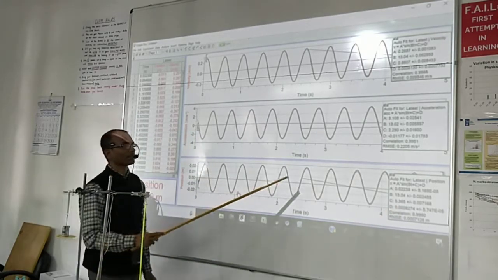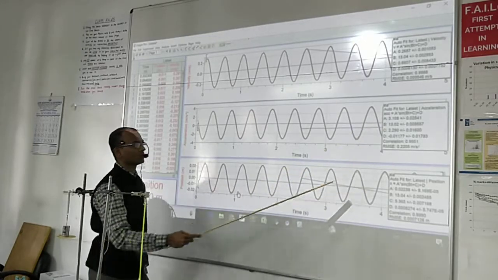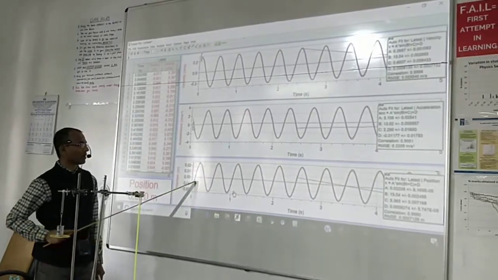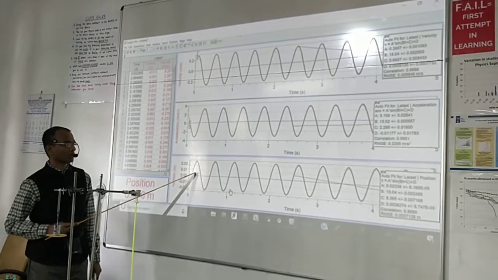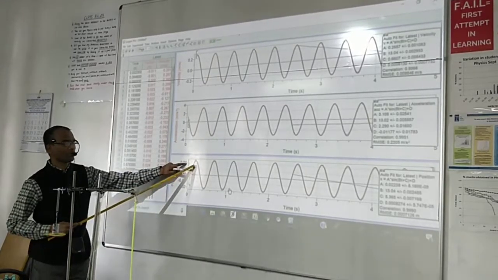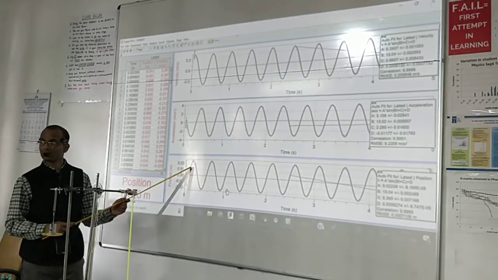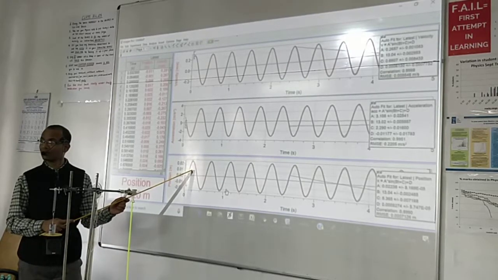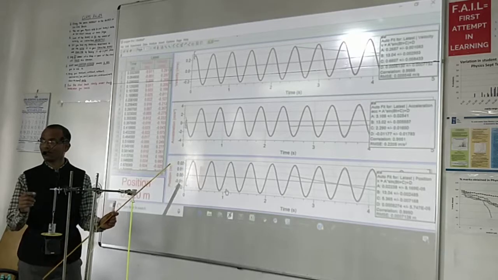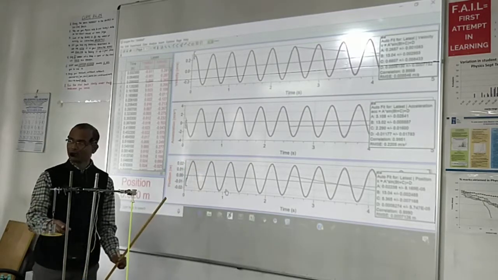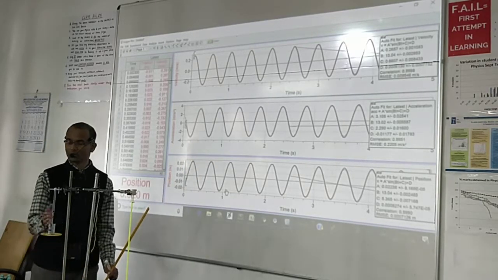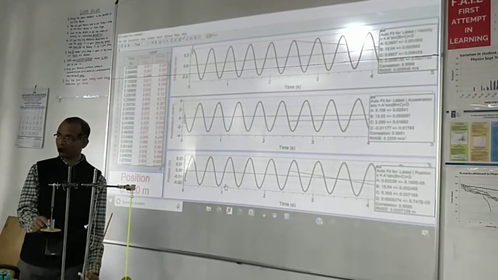Then what about A, the amplitude? The amplitude of position is supposed to represent what? This is around 2 centimeters. Why should it be 1? 1 meter? No, it's according to the sine function. Now think. Amplitude is supposed to show the maximum displacement from its equilibrium position.